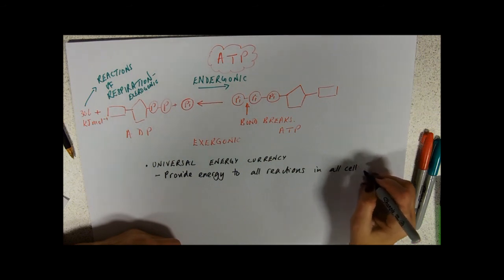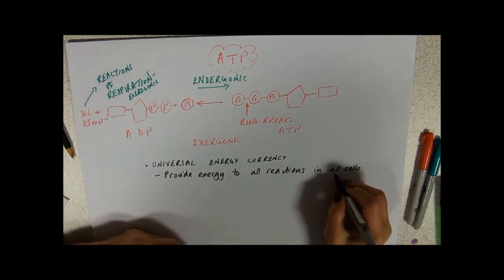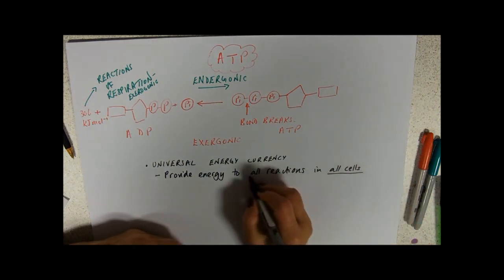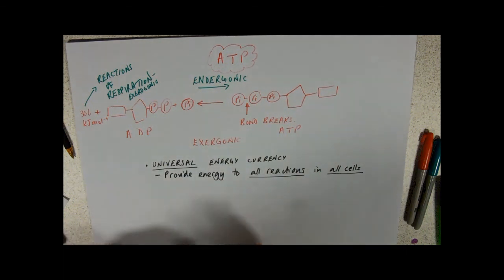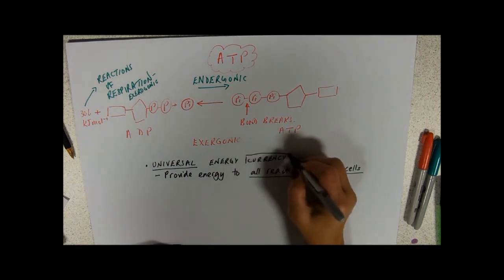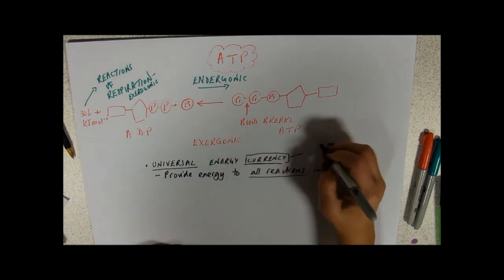So this idea of universal means every cell uses it. Bacterial cells use ATP, fungi cells use ATP.